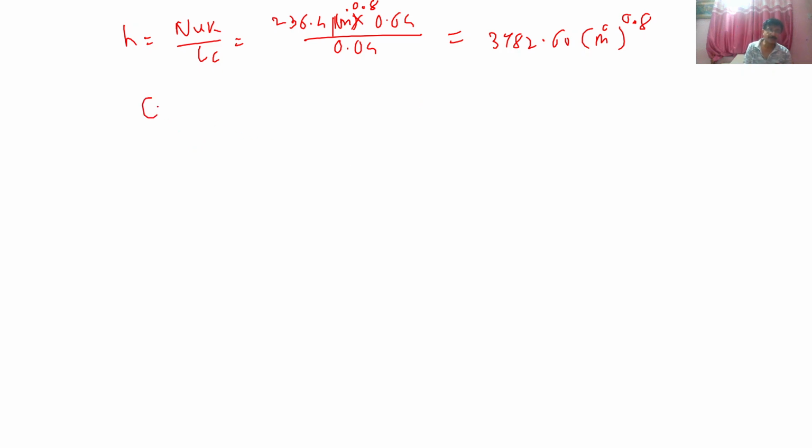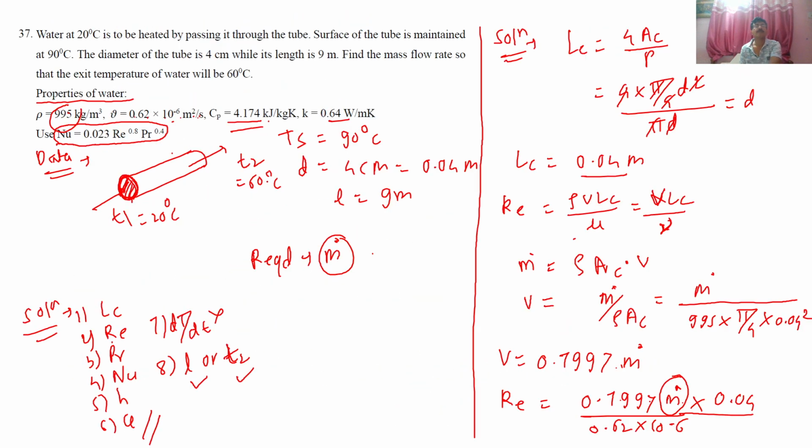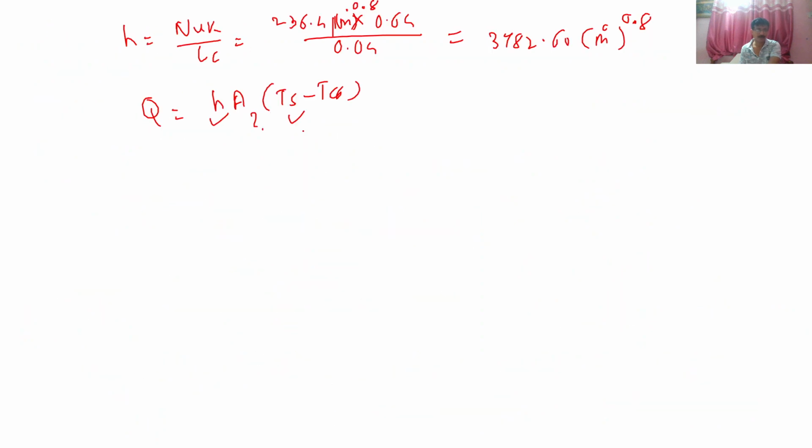Now the next formula is Q. By Newton's law of cooling, Q = h A (Ts minus T infinity). In this formula, h is known to you, Ts is known, and T infinity is from T1 and T2, which are given. Area is unknown right now, so I will calculate the area for the tube.